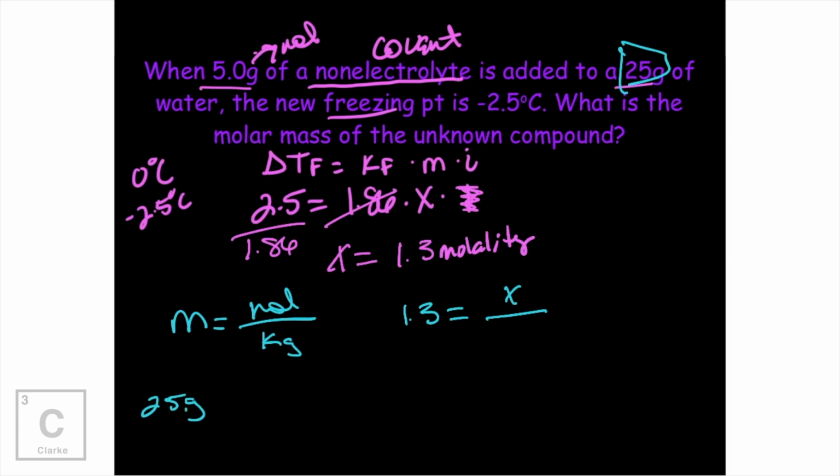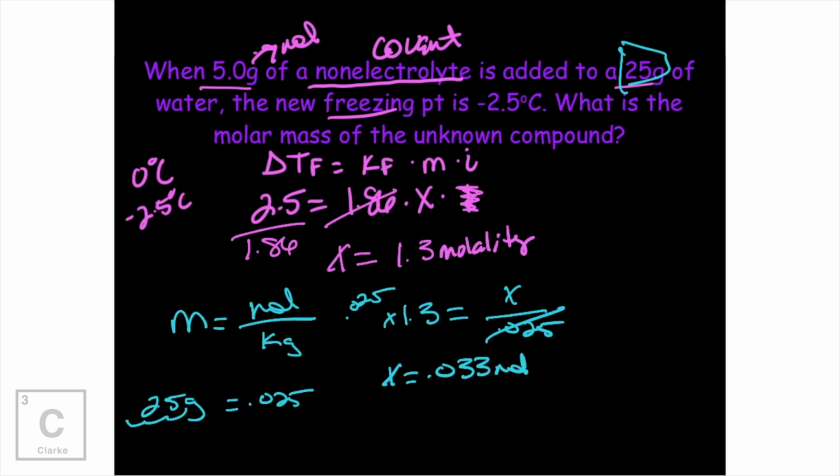So we're going to move our decimal 1, 2, 3 spaces. That's going to give us 0.025. So 0.025. Now we need to solve for X. Right now, X is being divided by 0.025, so we need to multiply it to get it on the other side. So X equals 0.025 times 1.3, and that gives me 0.033 moles.